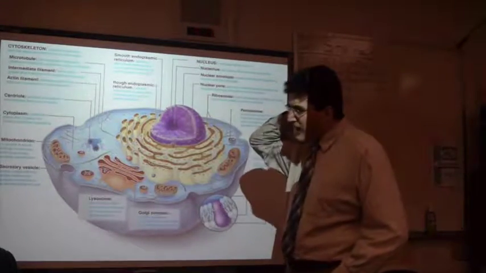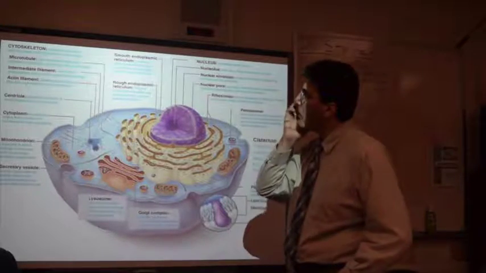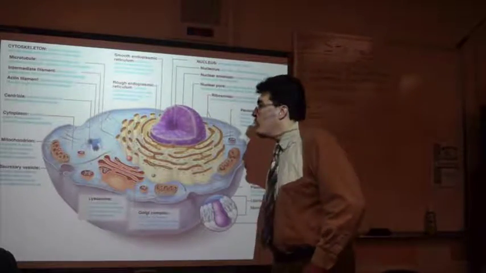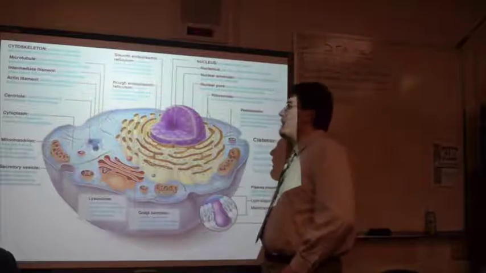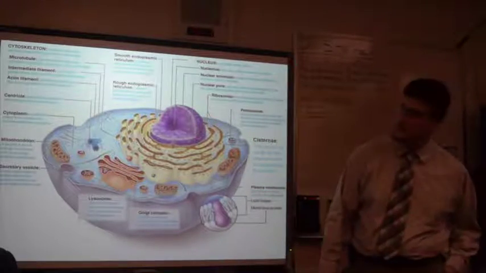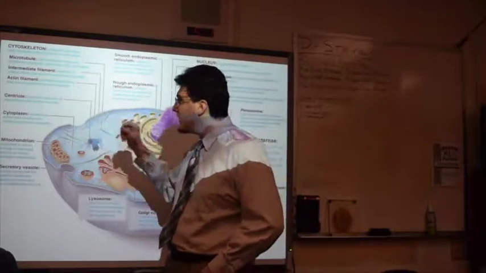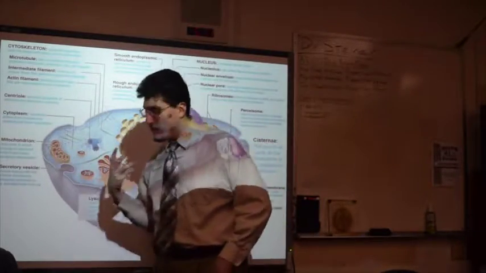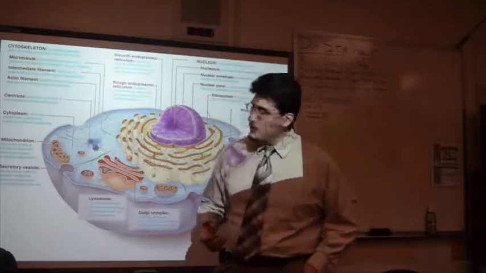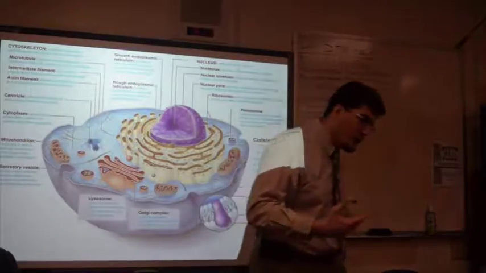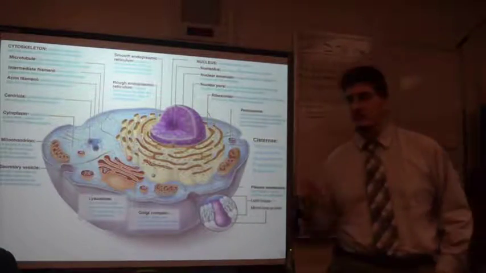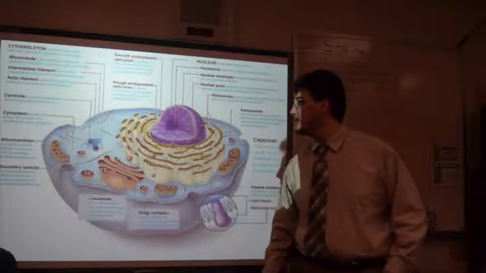In an animal cell, we will start with the things that are unique to the animal cell. The centriole is an assembly complex of microtubules. They occur in pairs. More information than that is nice to know, not required.